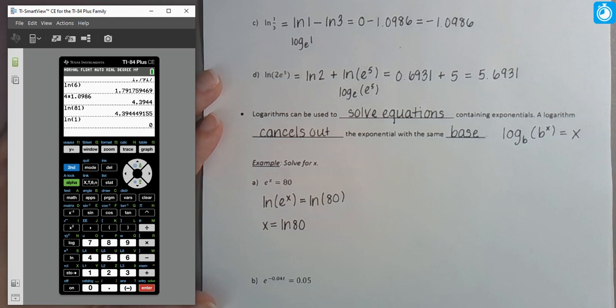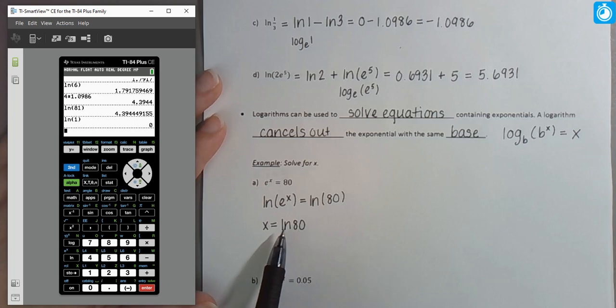Now, do we stop there? Is that the actual answer? It kind of depends. If you're told to give the exact answer, this is the exact answer. Anytime we take e to a power or apply a natural logarithm, we typically end up with an irrational number, in all except a very small handful of cases. So plugging this into the calculator only gives us an approximation.